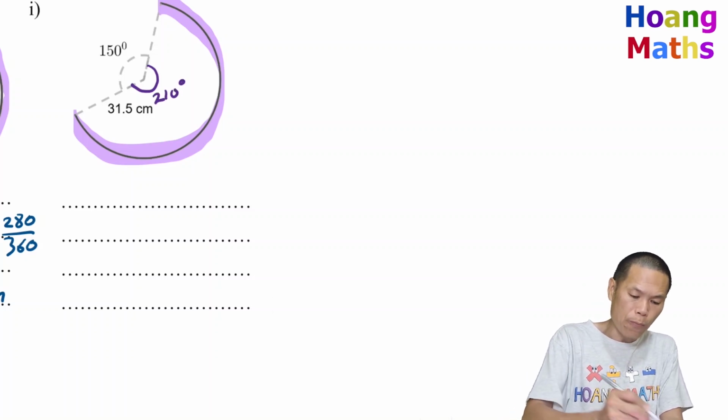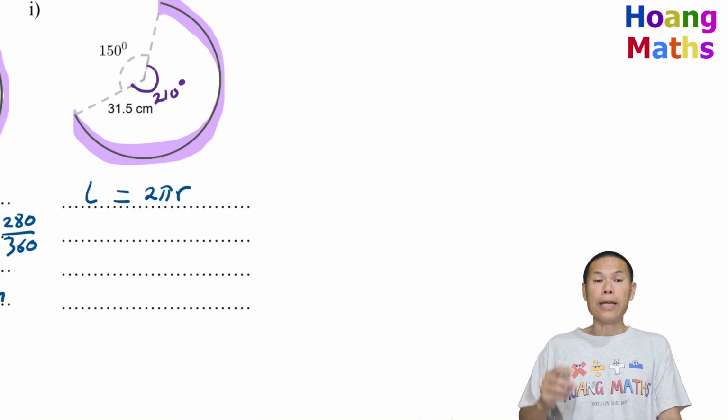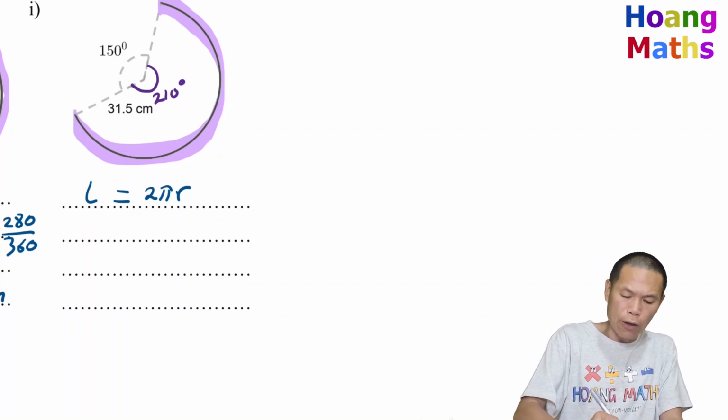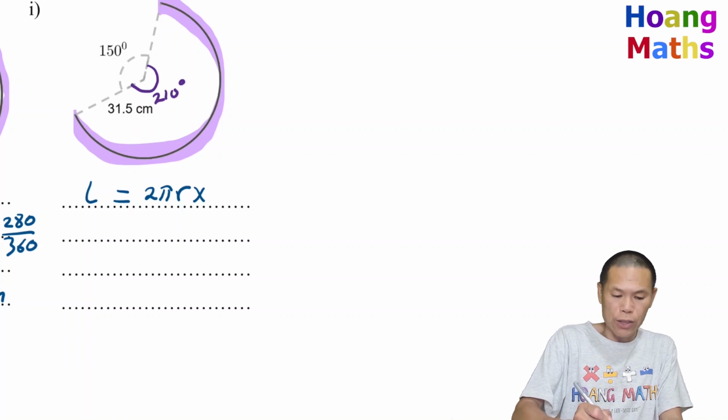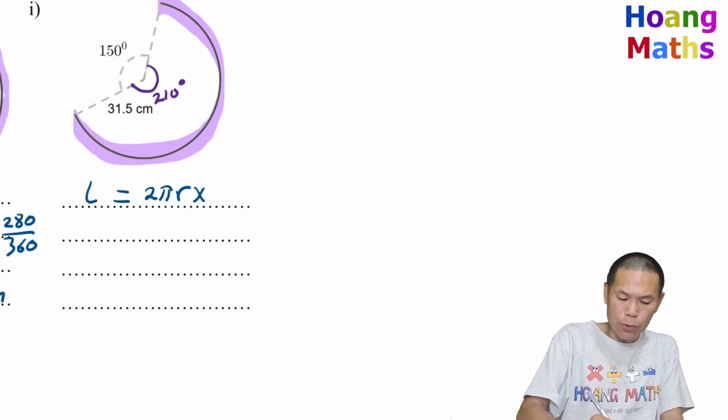So that's the angle. Therefore, the arc length is equal to 2 pi r, and the r is 31.5. Don't forget, we times by a fraction of it because it's not the whole circle. We only work out the 210 out of 360.